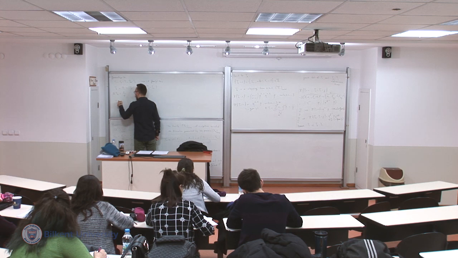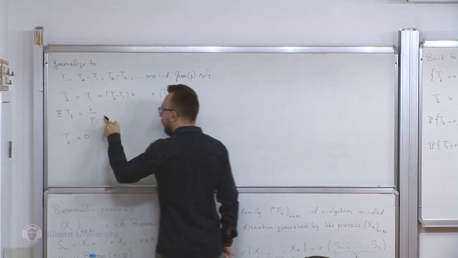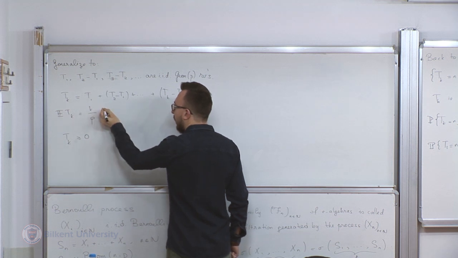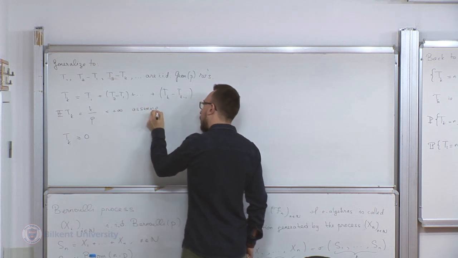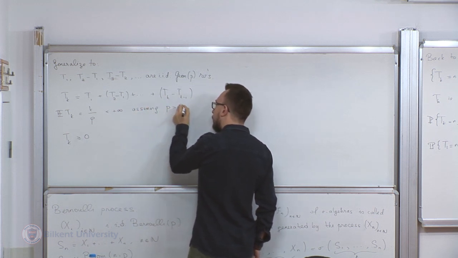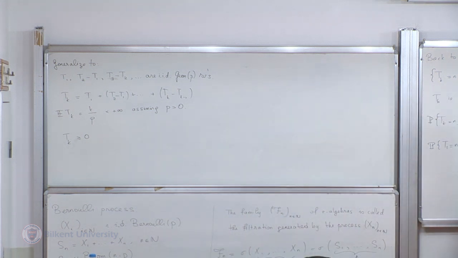And remember that Tk is a positive random variable. So this k over p is just finite, assuming p is strictly positive. Let's assume p is strictly positive. So you have Tk that is a non-negative random variable, positive random variable, whose mean is finite.